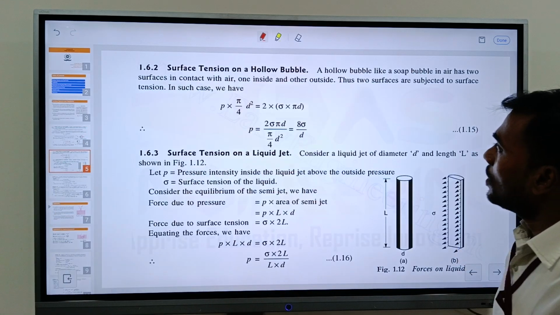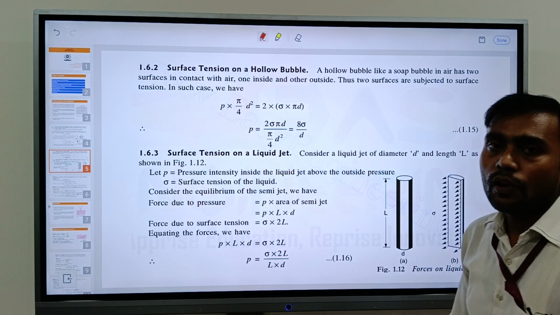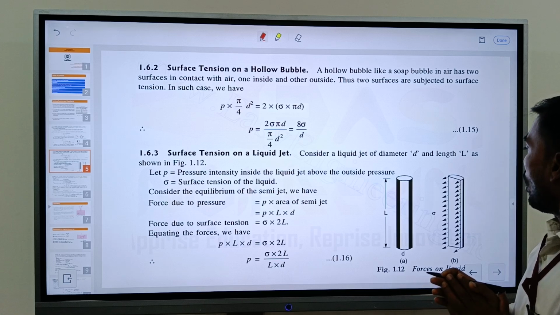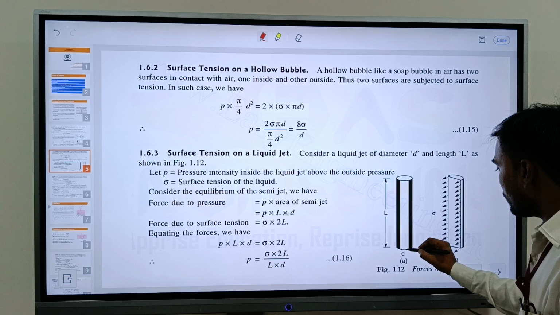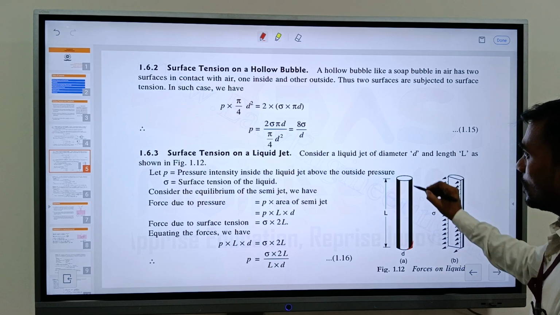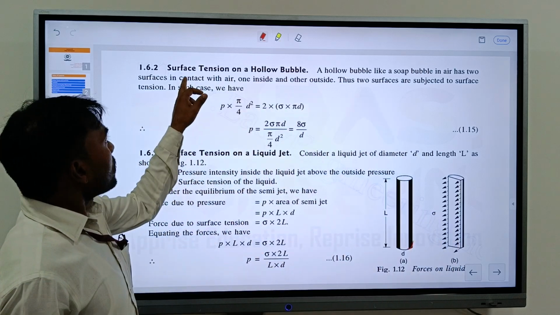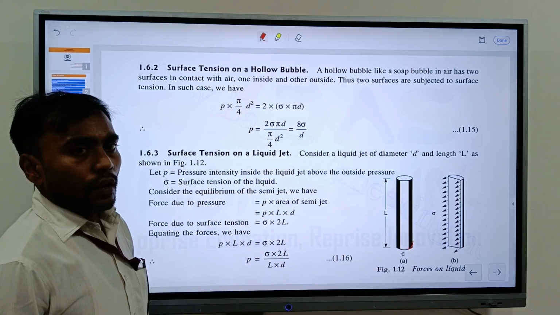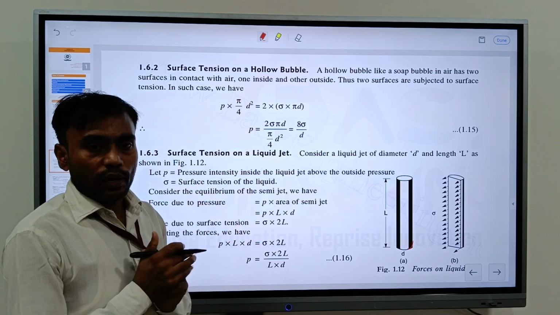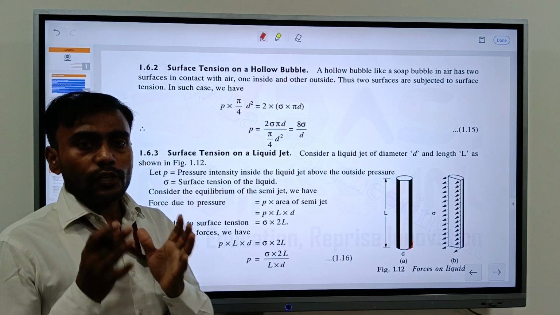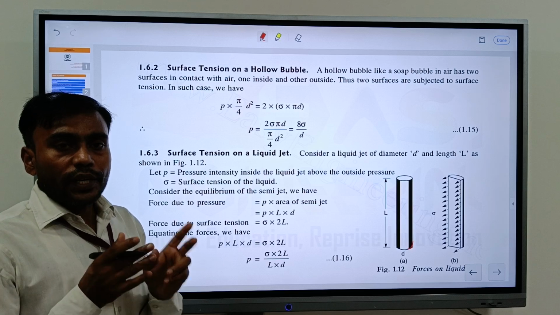Now next slide, surface tension on a hollow bubble. So what will be the value of surface tension on a hollow bubble? Suppose there is a hollow bubble, like a soap bubble, in which two surfaces are in contact with air.